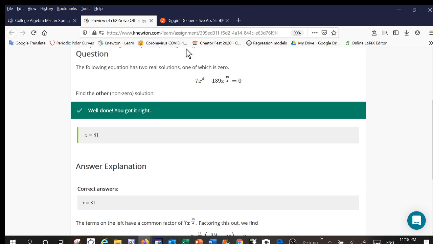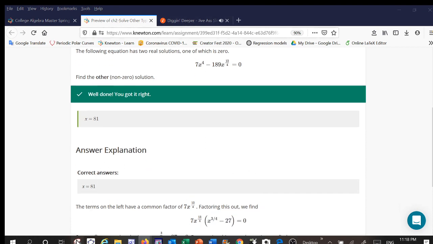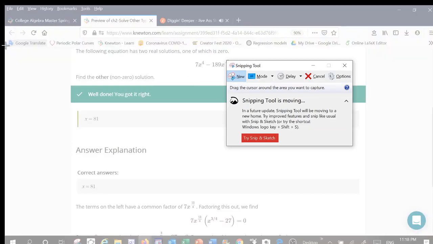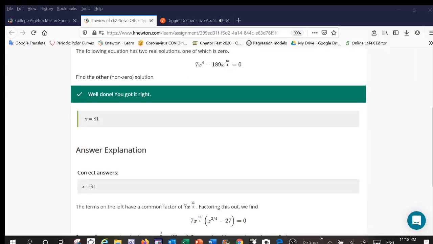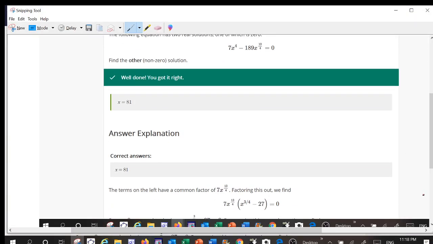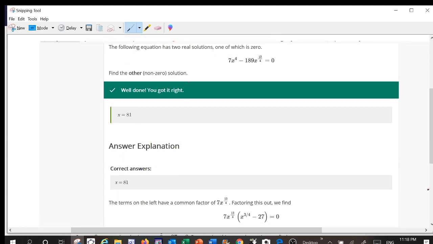Let me get a whiteboard so we can work on it. So I got 7x to 13 over 4. I want to factor that out, right?